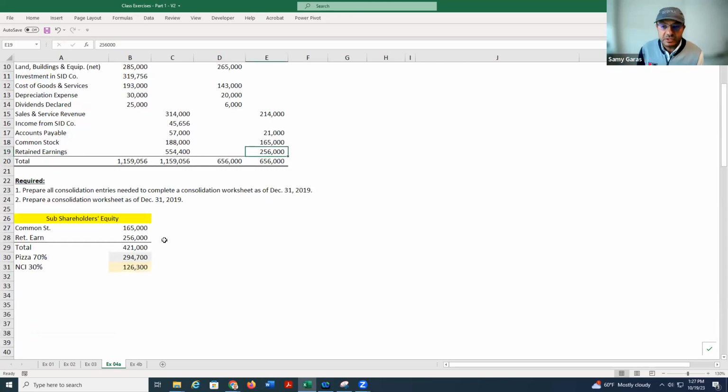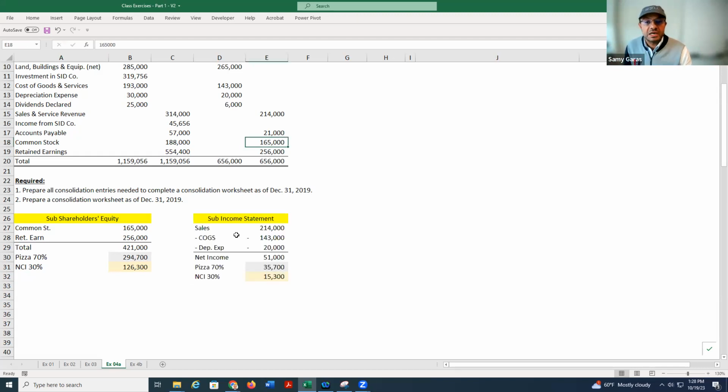Now, let us do some calculation here to get our final amount of investment for the parent and the NCI. So we get the total common stock, 165, and this is the subsidiary balance, plus the retained earnings, 256, we get 421,000. We take this one and divide it 70% to the parent and 30% to the NCI.